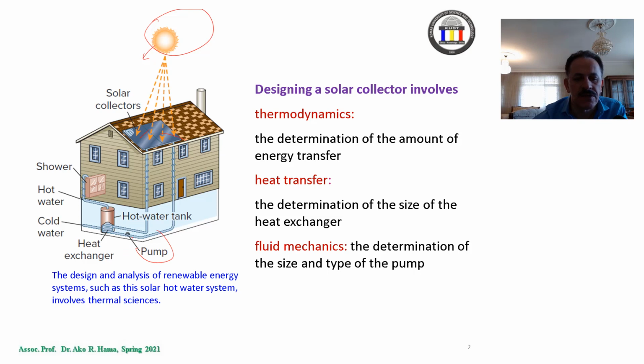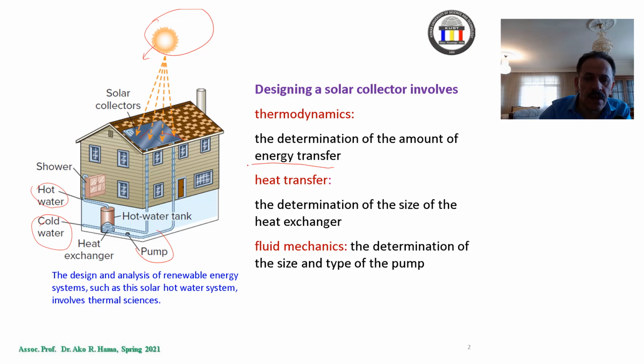We need the electricity for the pump, and the water will be circulated. We need the cold water to be heated, and then this hot water goes to the house and so on. So designing a solar collector involves thermodynamics, heat transfer, and fluid mechanics.